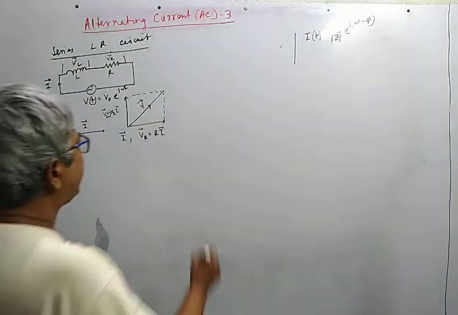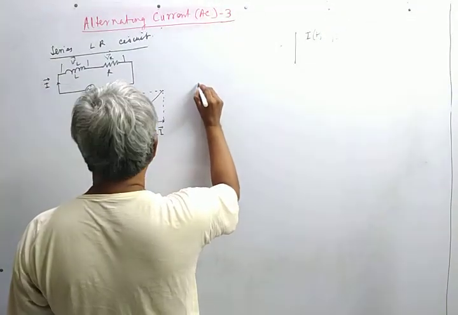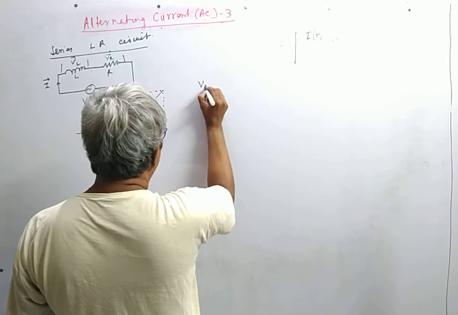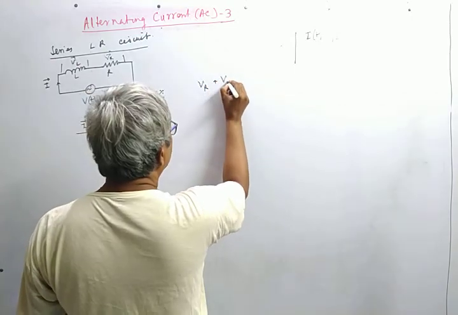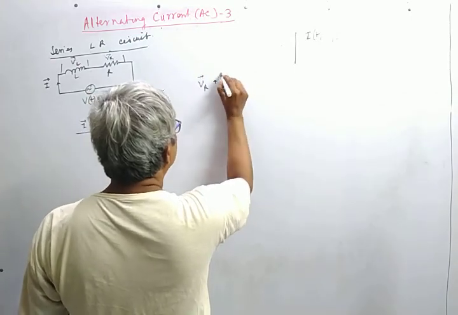So we write in vector notation VR plus VL is equal to V.